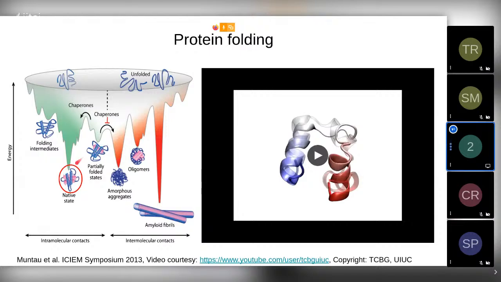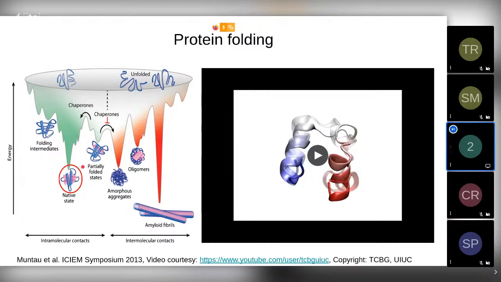The lower energy regions in the valleys correspond to different folded and partially folded states of the protein, and the unfolded states are high up in energy. So going from unfolded to folded is basically going downhill through this energy landscape, so these processes are accelerated by the free energy gradient and are not just a random search over everything.